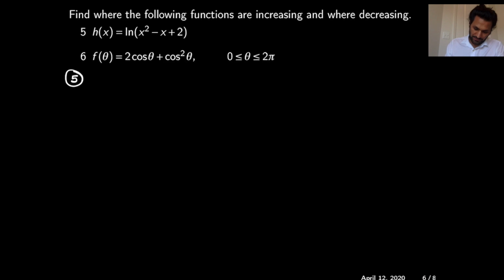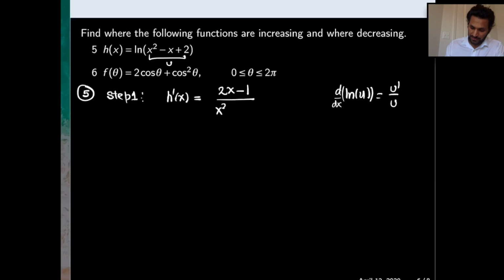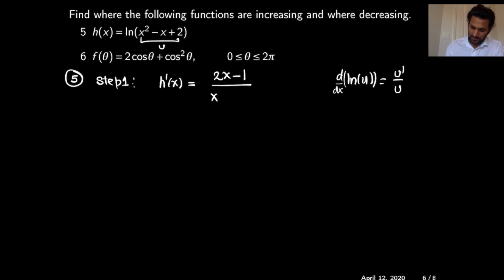Problem number 5. Let's take step number 1 to calculate the derivative of that function. So h prime of x. We know that the derivative of the logarithm of u, d over dx of that function, is u prime over u. Here our u is this. So it will be u prime, 2x minus 1, divided by u, x squared minus x plus 2.